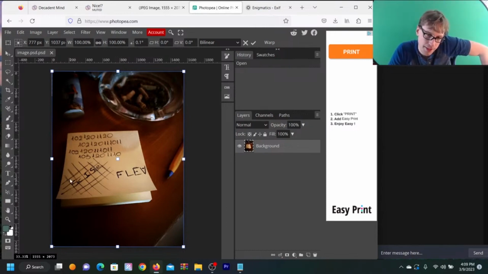There are 4 boxes here. 1, 2, 3, 4. 1, 2, 3, 4. That's an interesting thought, but this is only 5 across, and this is way more than 5 across. Is it divisible by 5? 1, 2, 3, 4, 5, 6, 7, 8, 9, 10.